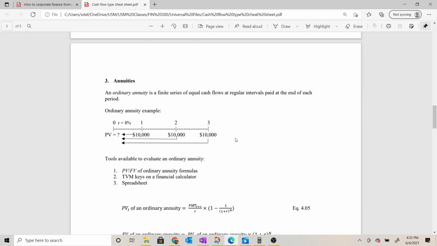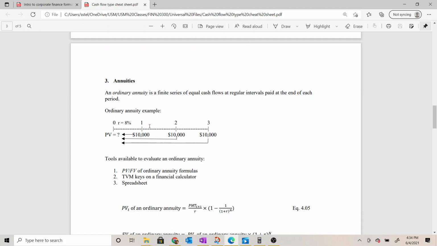It just so happens that we selected these example timelines from the text, and so they match the ones that are in the text. It could be 2 years, it could be 5 years, it could be 360 months over the course of a mortgage. The number of payments does not dictate whether it's an annuity or not. Just the fact that we have level payments at regular intervals that stop at some point.